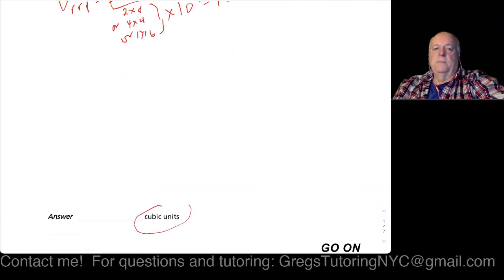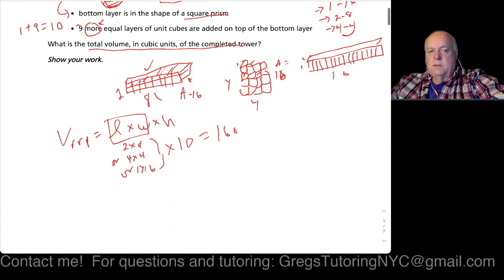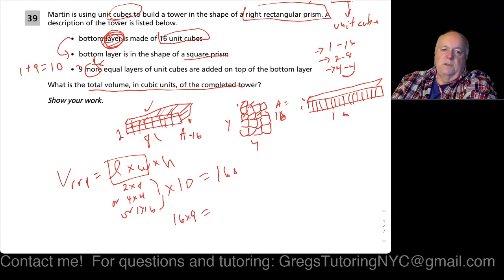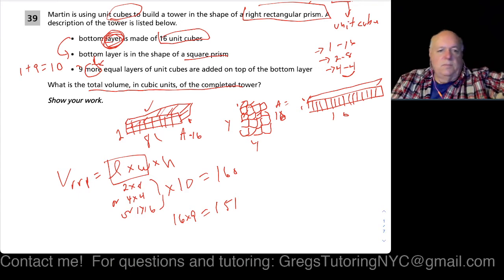Okay? All right? Some students don't consider this word "more," and they end up doing 16 times 9, getting whatever that is. 144 is what it is.